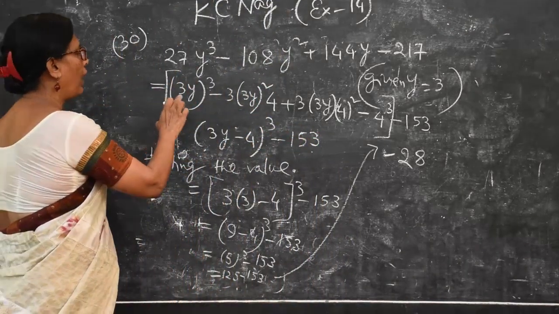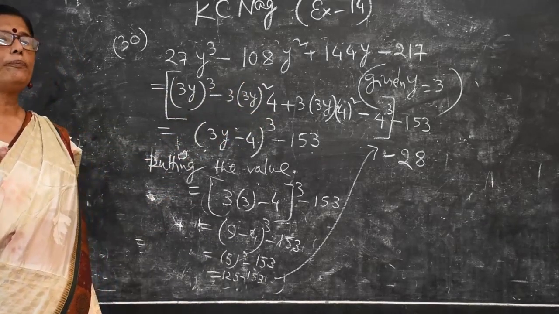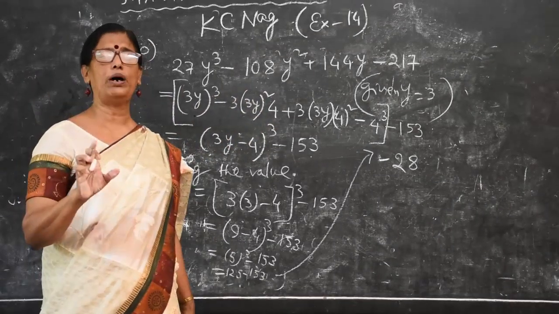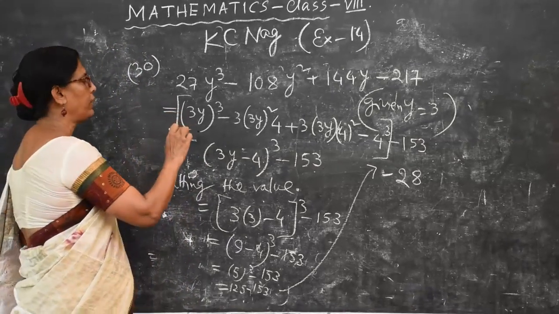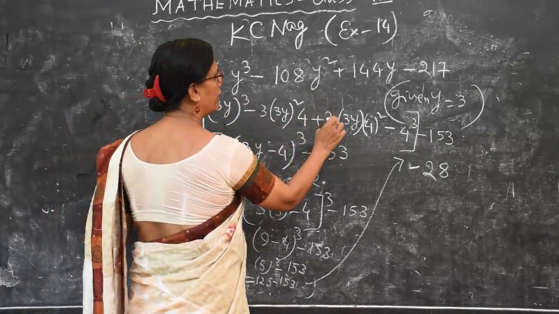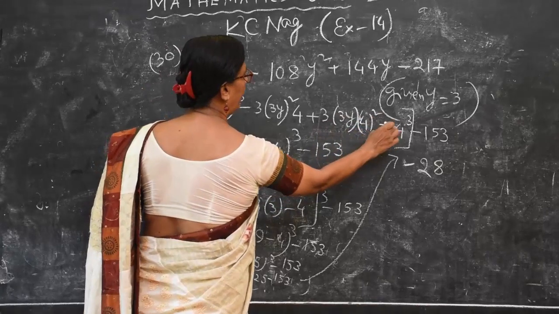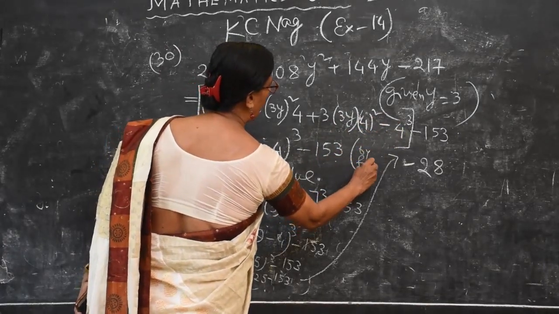Problem is where you apply the formula. You must be very sincere about this one. This formula must be met with our genuine formula: a cube minus 3a square b plus 3ab square minus b cube. Here you write by formula.